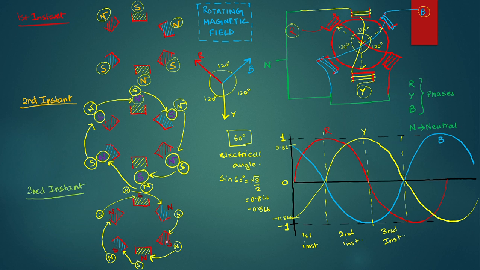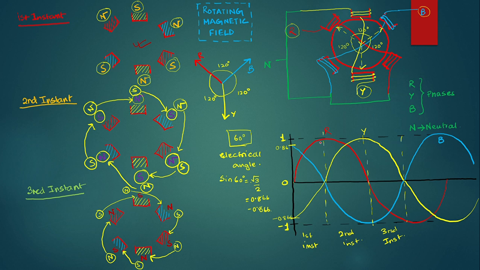So these are the composition of poles. Now we can see that the composition of poles is quite similar to that of the first one, right? South here, north here, south here, north here, north, south, north, south. This is north, south, and this is also north, south. So quite similar to the first instant.